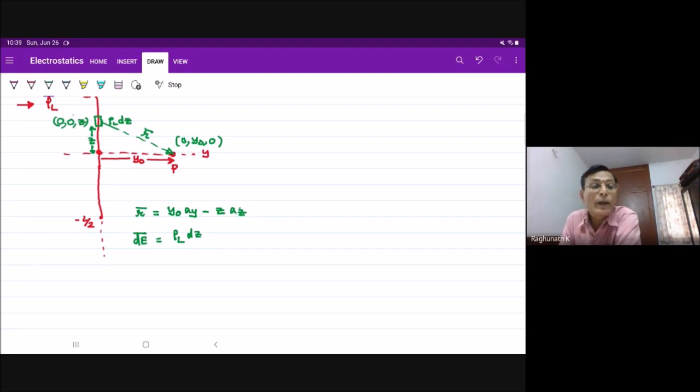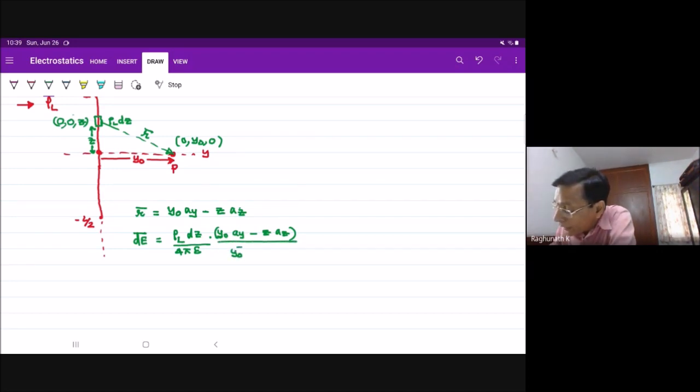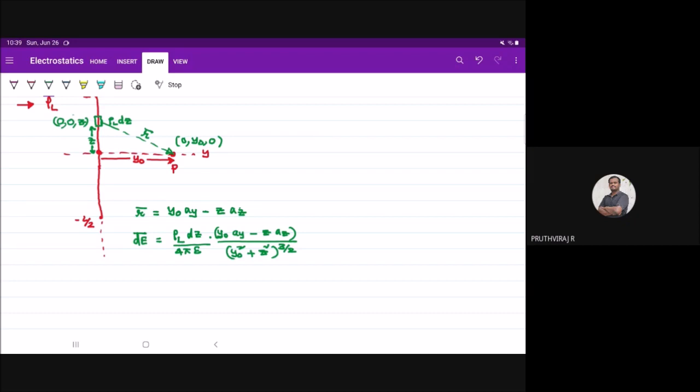So dE bar is rho L dz by 4 pi epsilon into y naught ay minus z az, by y naught squared plus z squared whole power 3 by 2.